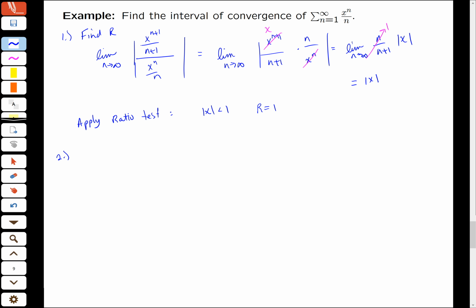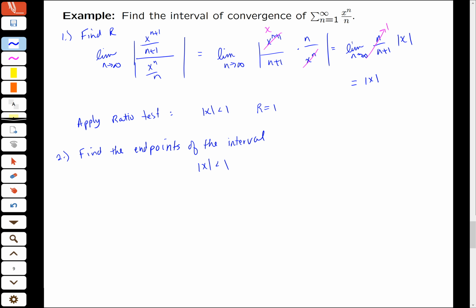The second step is to find the endpoints of the interval. Now we do that by taking our equation, absolute value of x less than 1, whatever that equation is, and I'm going to get rid of the absolute values on it.